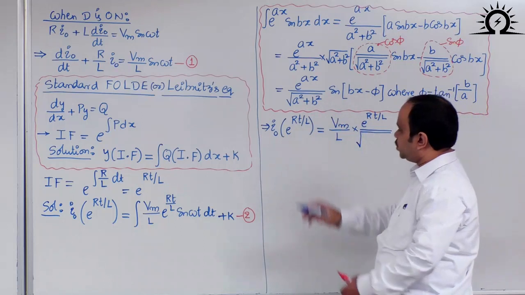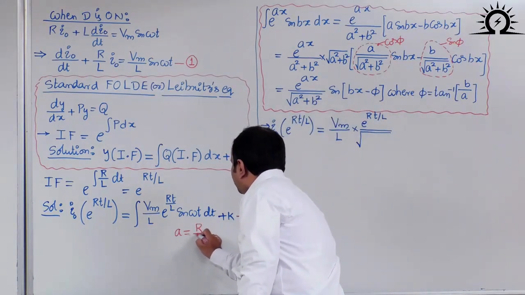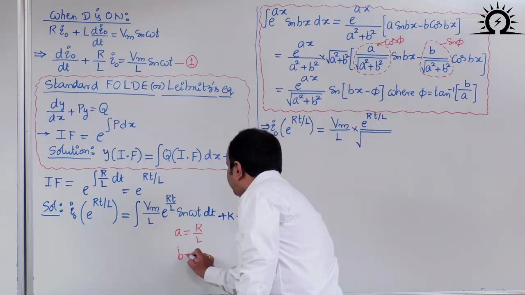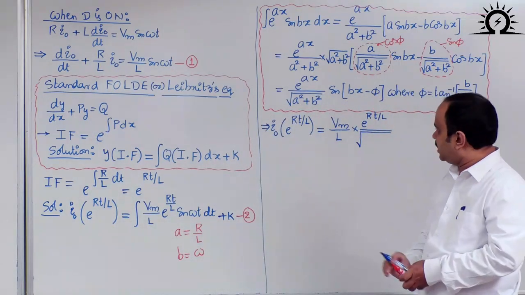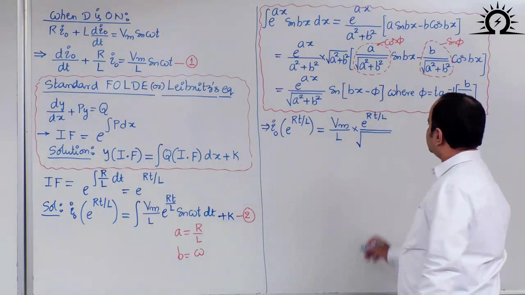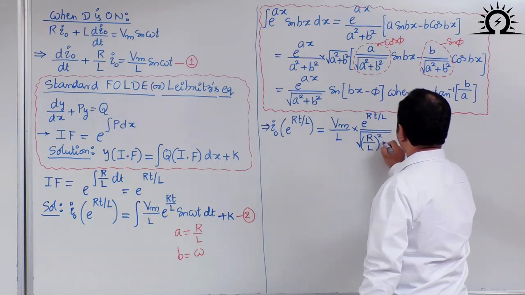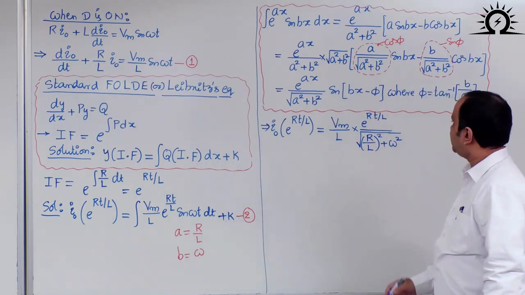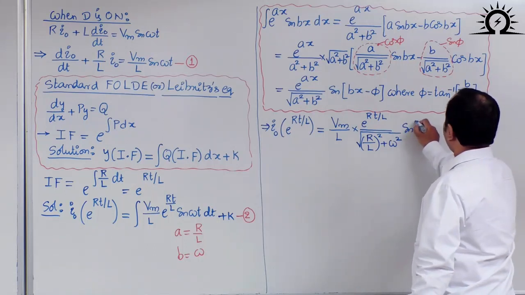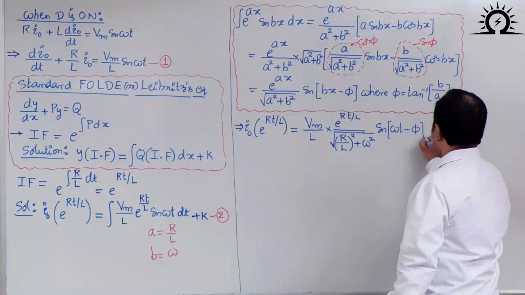When you are doing this comparison, I can say that a is equal to R by L and b is equal to omega. So a square is R by L whole square, plus b square is omega square, multiplied with sin of bx, that is omega t, minus phi.